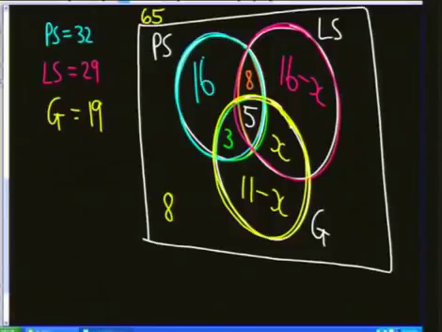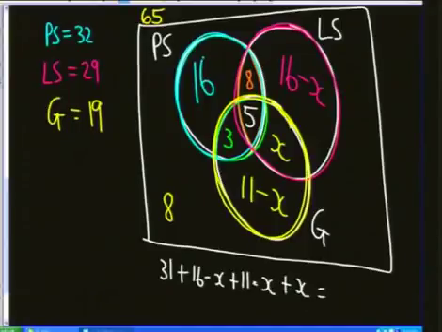So that's my number, 31, plus our 16 minus x, plus 11 minus x, plus our x. Together, plus 8, must give us 65.